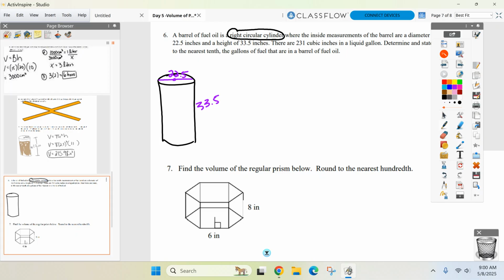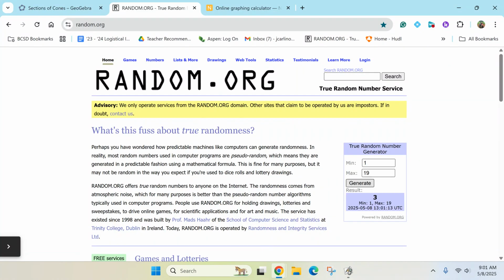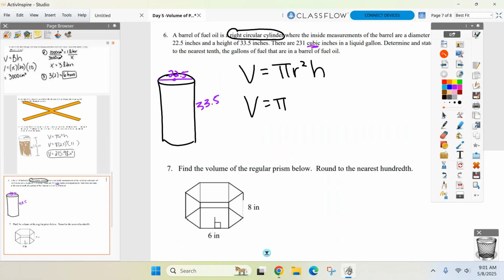And the conversion they give me is 231 cubic inches per gallon, so I gotta find the volume. Keating already gave it to me last problem, pi r squared times the height. How about the radius here? Radius length? Juliana? 11. Good, cut it in half, squared, and then 33.5.